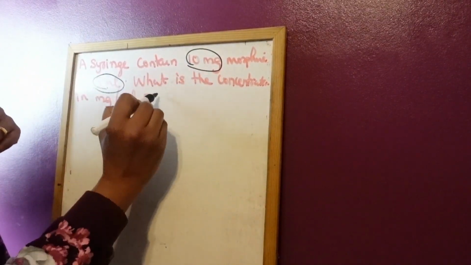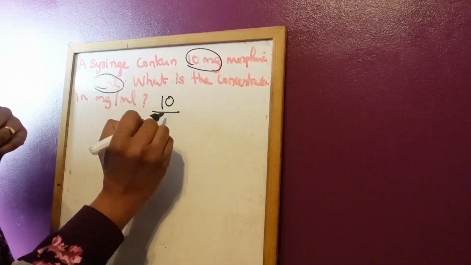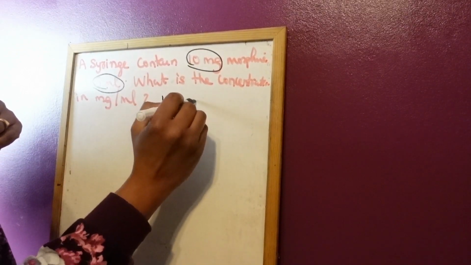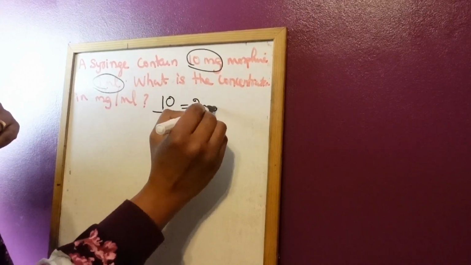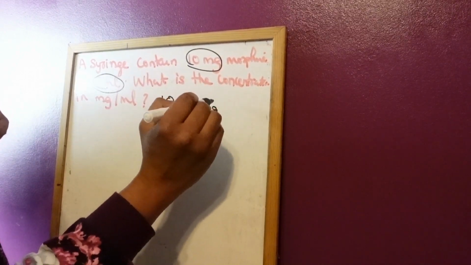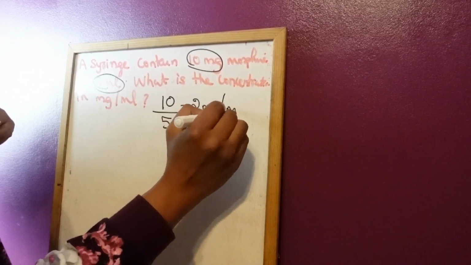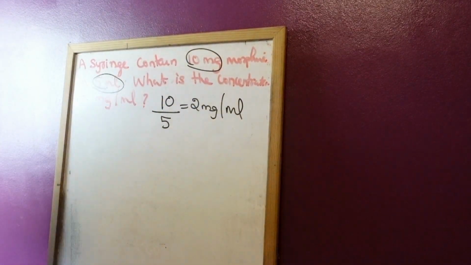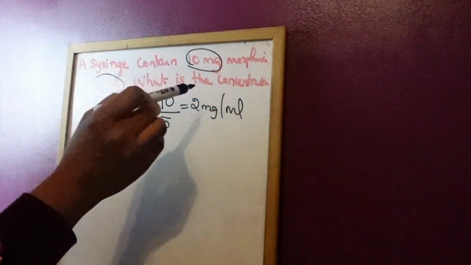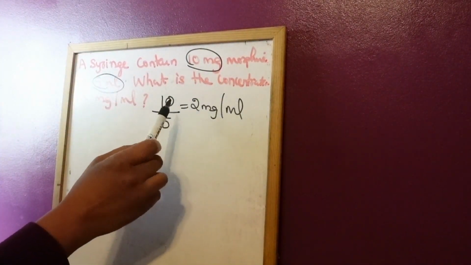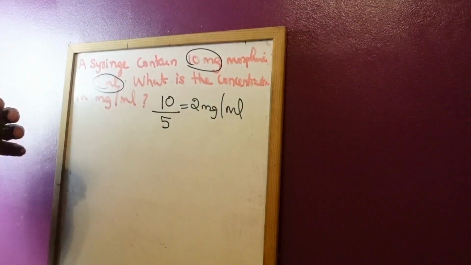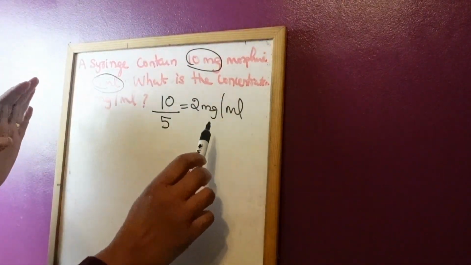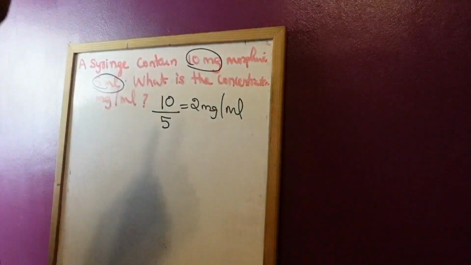So what do you do? 10 divided by 5 is equal to 2 milligram per ml, isn't it? So 2 milligram contained per ml. You understand? If somebody asks you questions like that, you will know how to calculate this type of question.